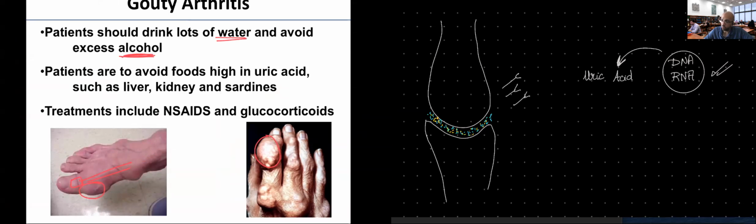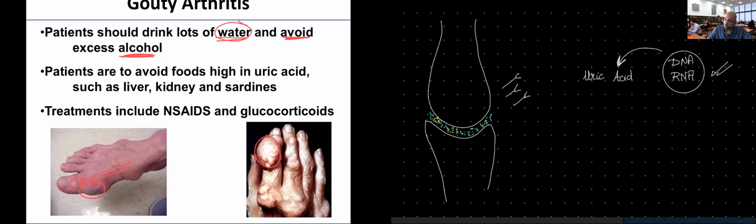Also, we recommend those patients drink lots of water to clear the uric acid in the kidney rather than it being accumulated within the joint cavities. So recommend lots of water, and recommend those patients avoid excess alcohol consumption.